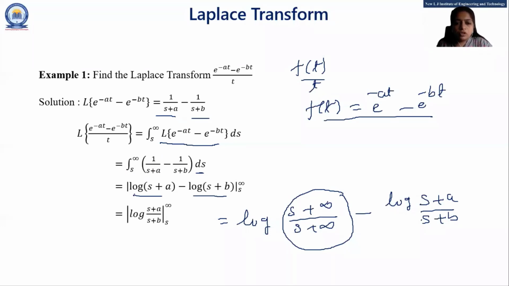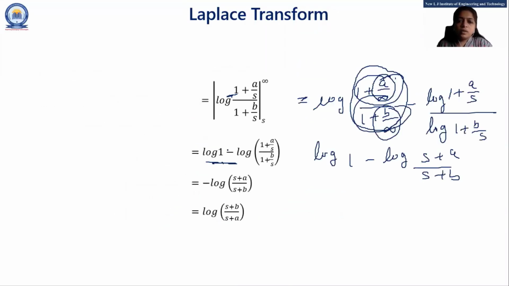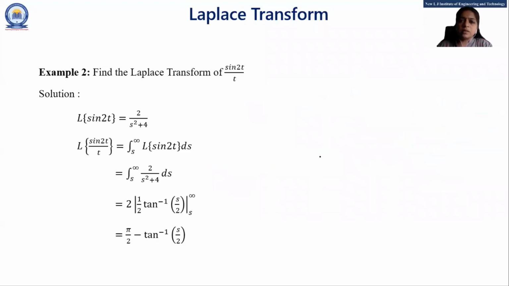Then we have to apply the rule of the logarithm, and we'll put log of s plus a upon s plus b with a minus sign. Then after applying the upper limit and the lower limit, we'll get log 1 minus log of 1 plus a by s over 1 plus b by s, so that log 1 is 0. So minus log of s plus a upon s plus b. And by interchanging the numerator and denominator, we'll get our final answer.